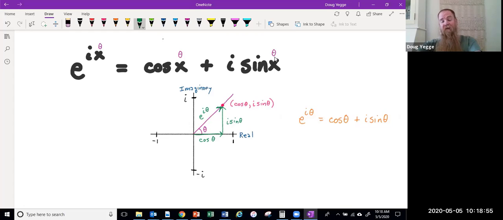Which is kind of interesting already, that we're starting to see this formula, which I keep referring to as Euler's formula. Which is showing us the relationship between exponentials and trigonometric functions, so cosine, sine, and exponentials.